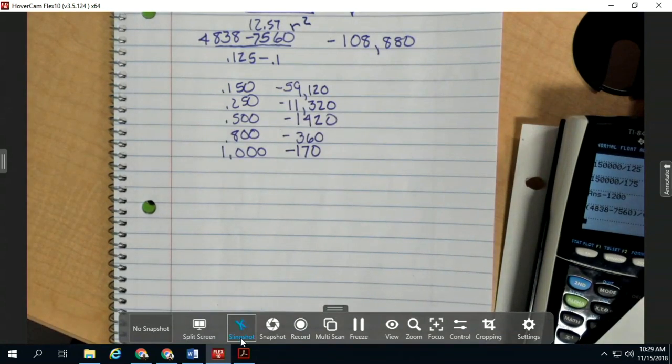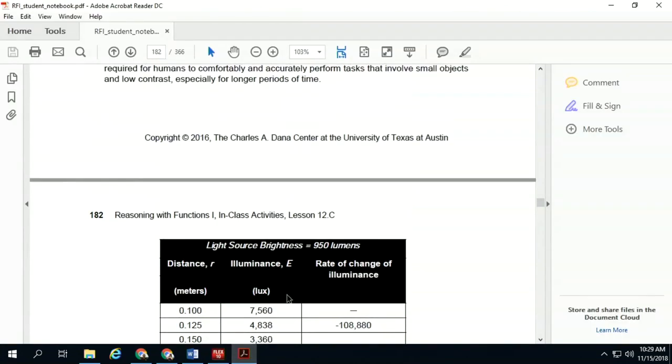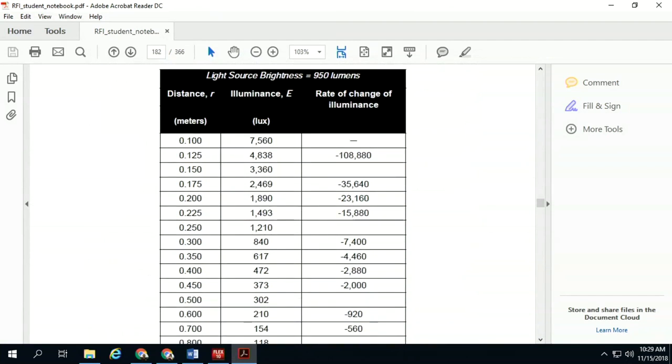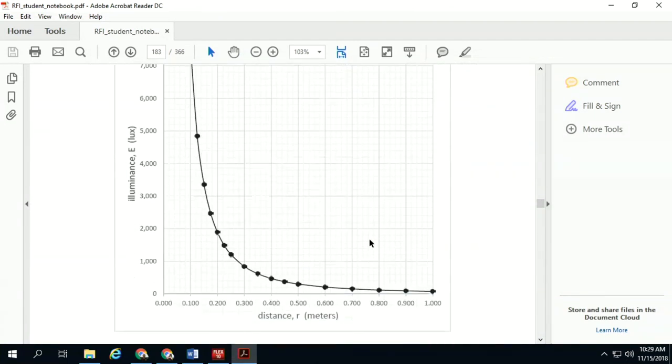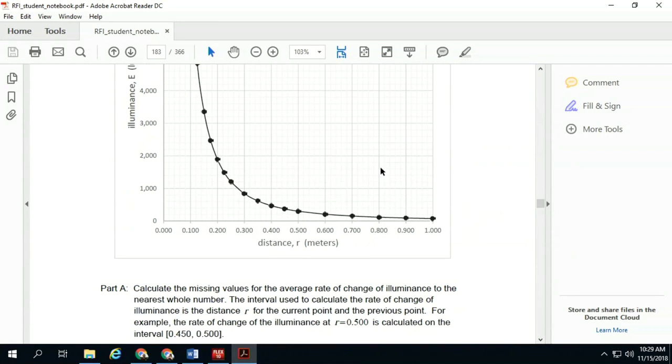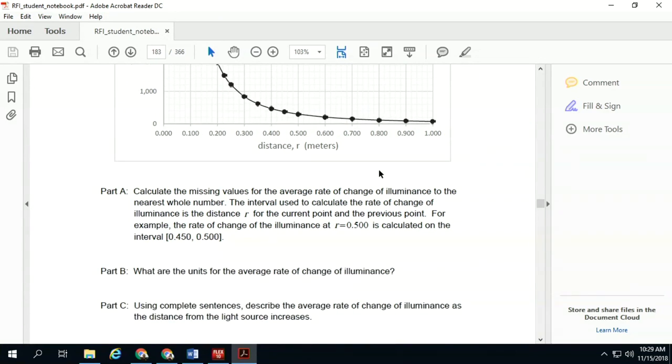Okay. So you can see as we go farther and farther forward, our slope gets closer and closer to zero. It's always negative, right? So it gets bigger negative, or closer and closer to zero.